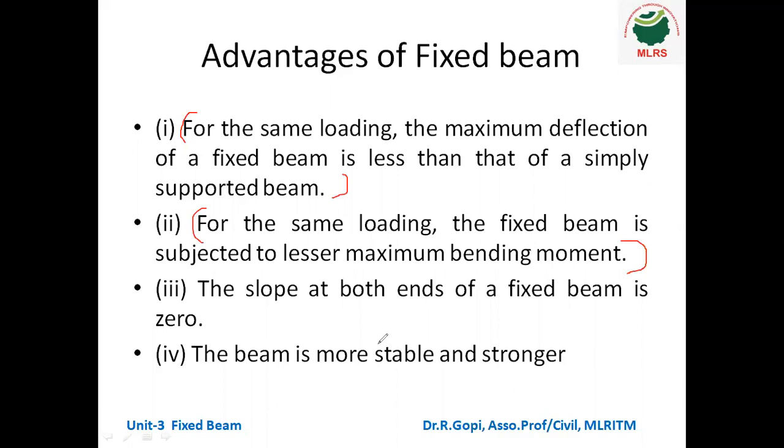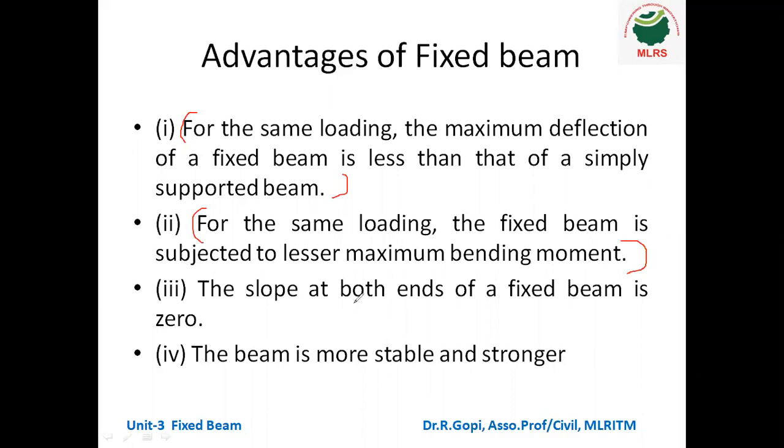Now tell me which value is maximum, 1 by 8 or 1 by 24? 1 by 8 is maximum. That means WL square by 8 is maximum compared to WL square by 24. So the midspan bending moment is very less compared to a simply supported beam.